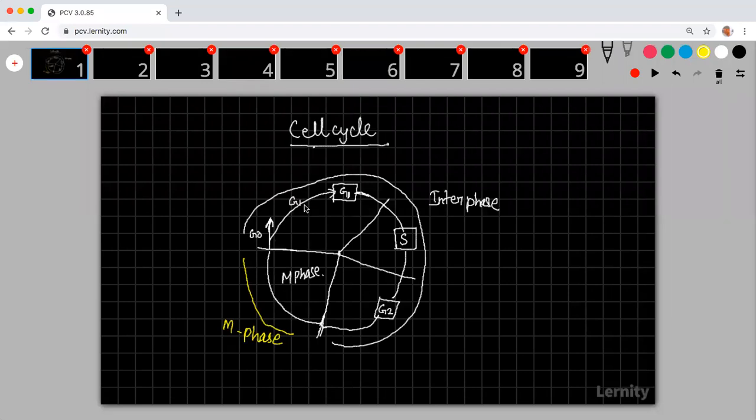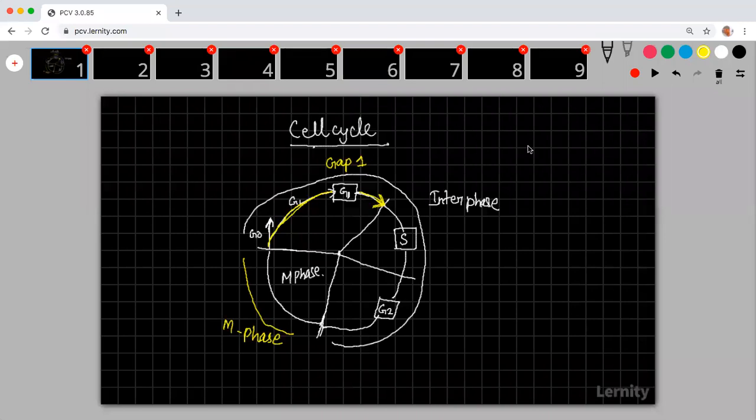So what is the G1 phase? G1 phase is when the cell is getting ready for the synthesis. It is going to produce certain things required for the synthesis. So during gap 1 or G1, the G stands for gap, the cell will try to produce things that are required for the S phase.